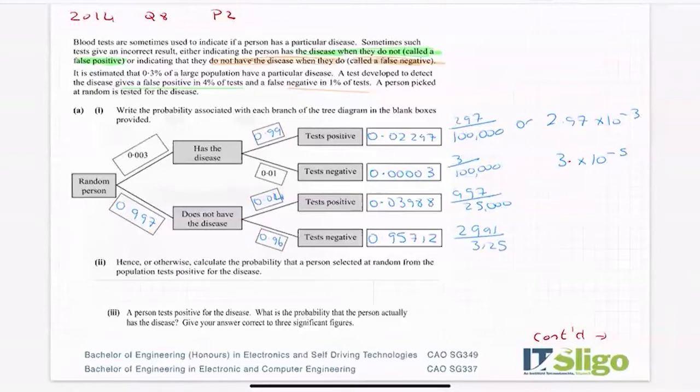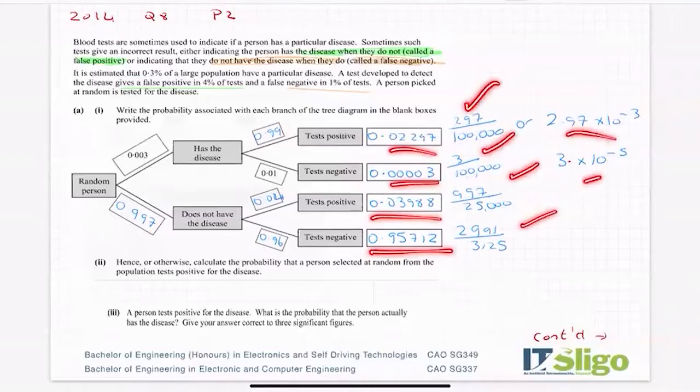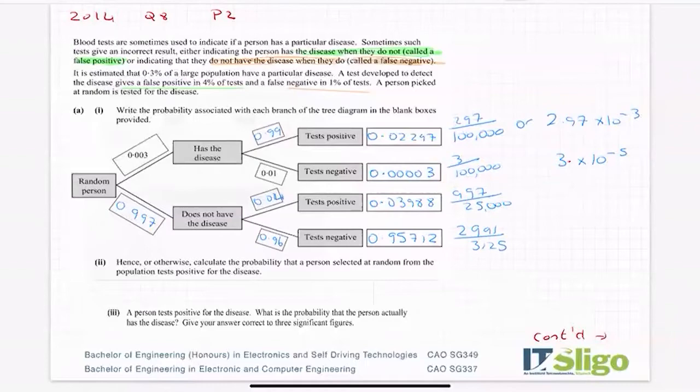Okay, and I don't round at this early stage because there's so many places of decimal. You'd end up getting the likes of 0 for that if you rounded too much. So that's why I don't round. Either leave them as the fractions if you wish, or whichever way you want. Okay, so that's that tree diagram.